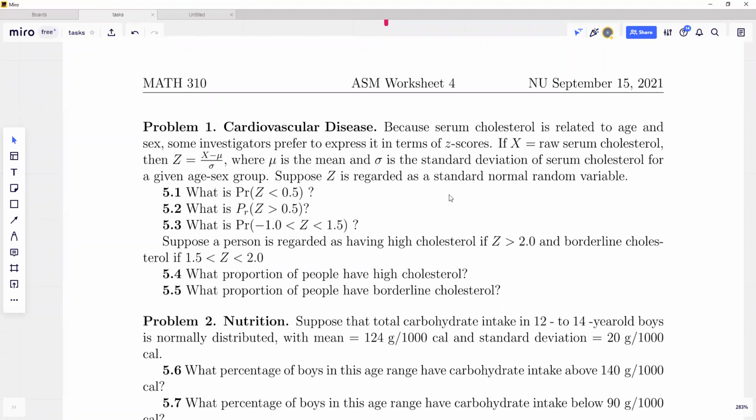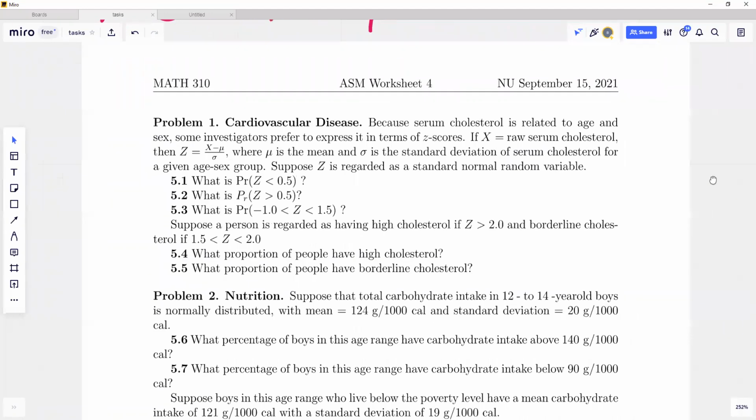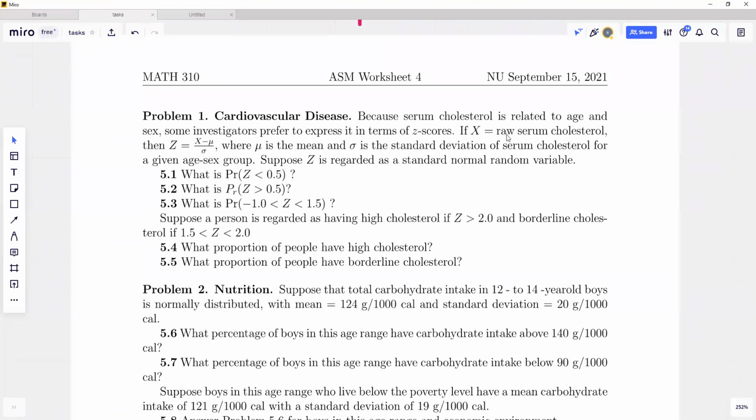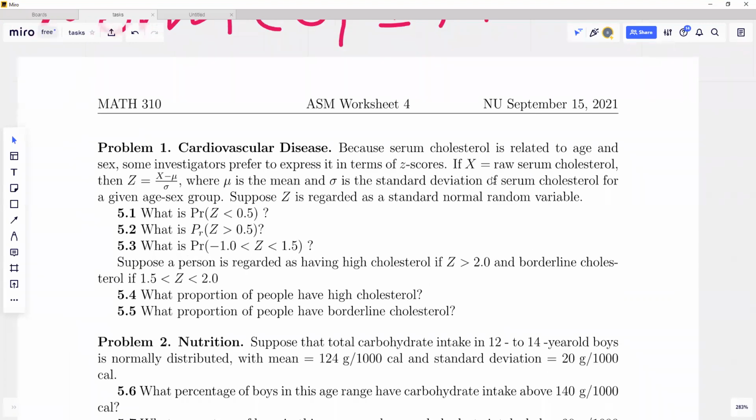I'm not sure what are the units in which raw serum cholesterol is measured, but let's assume that if you take an individual from a female group and you find value for X raw serum cholesterol equal to 150 in some units, let's say grams, and you select a second individual from males group, and let's assume that this value is equal to 1.